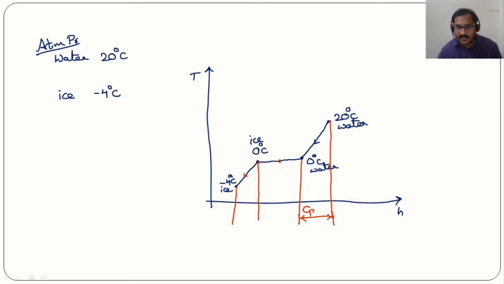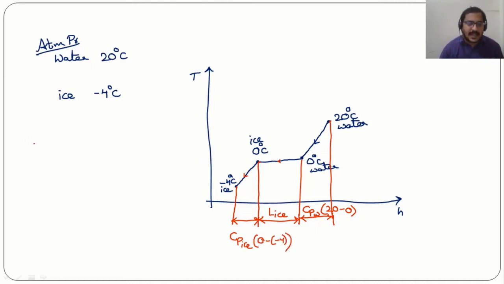So here we need to take specific heat of water into 20 minus 0 as the amount of heat absorbed. Then here there is a phase change from liquid to ice, so you will consider the latent heat of ice. Then here again there is a temperature drop, so specific heat of ice into 0 minus of minus 4.